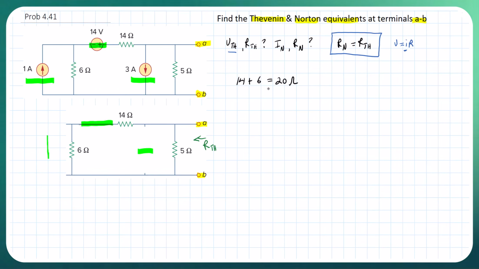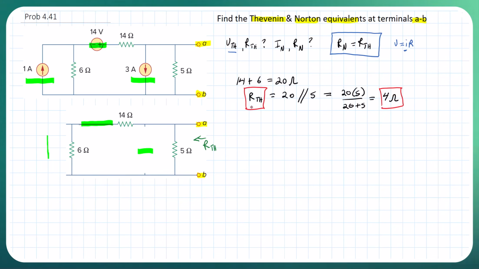So R Thevenin is equal to 20 ohms in parallel with the 5 ohms, and then we just do the math, 20 times 5 over 20 plus 5, and if we plug that into our calculator, we get 4 ohms. So we've solved for R Thevenin. Okay, so we've done the first part.